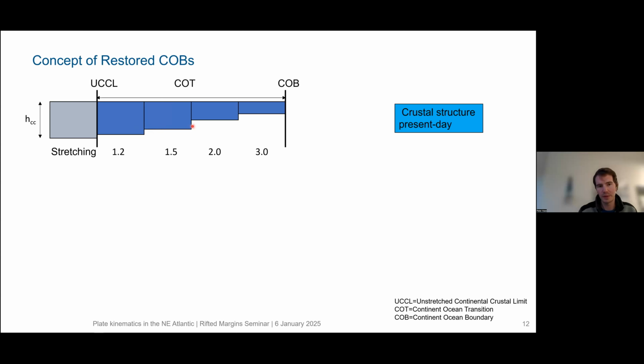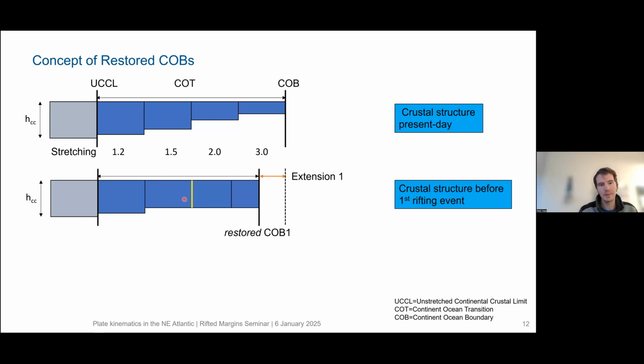We have different crustal thicknesses and different stretching factors. Now we can set one reference crustal thickness, in that case over here, and then we can compact or de-stretch the crust in a way that these two packages would have the same crustal thickness as in the setting before this rifting occurred. Then we have a distinct restored continent-ocean boundary 1 and an extension part over here. So this would be the crustal structure before the first rifting event.